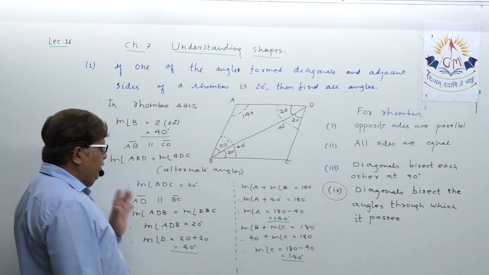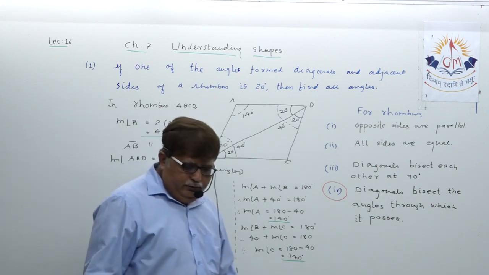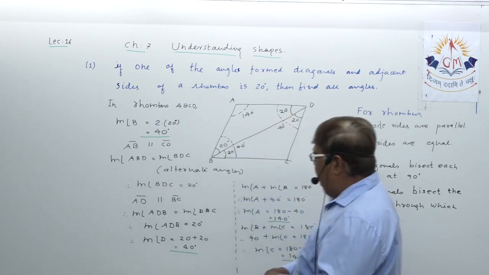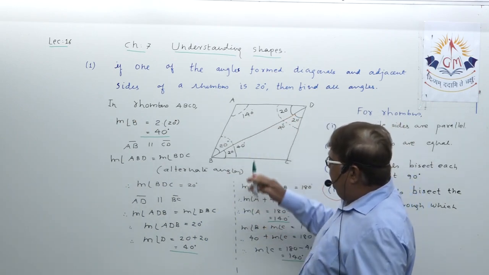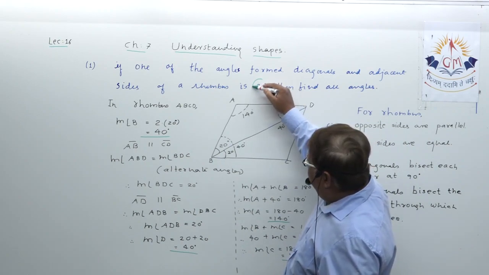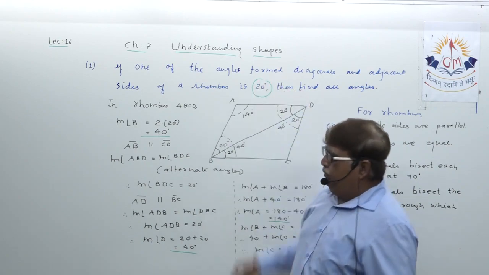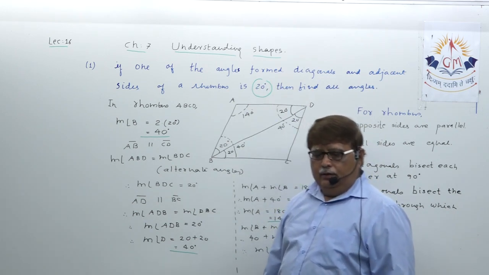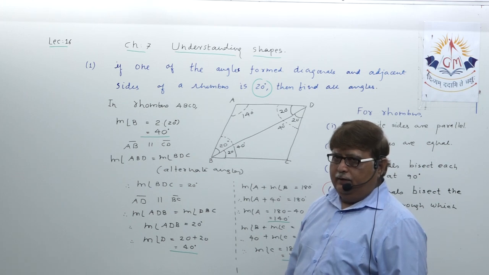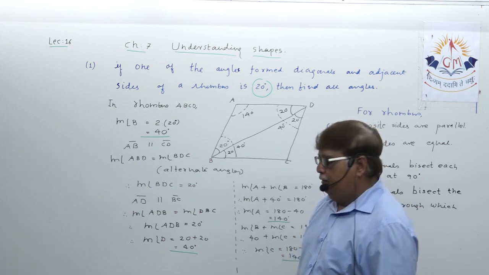So make one thing very clear, just have a look at the way we solved this example. See, first I told you very important is to understand the given data, where to show 20 degree. That's very important for you. You understood this?